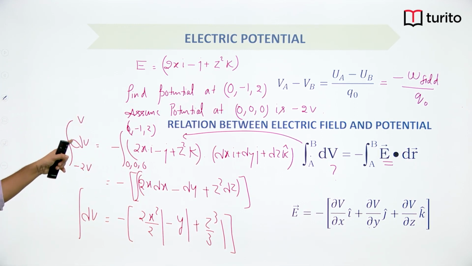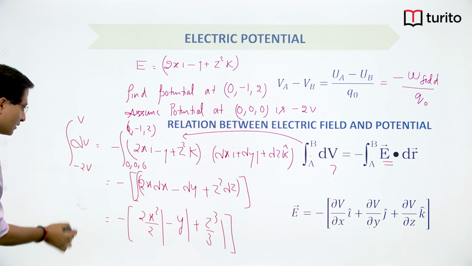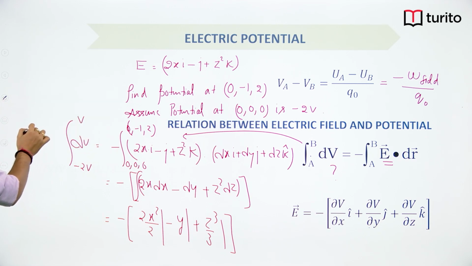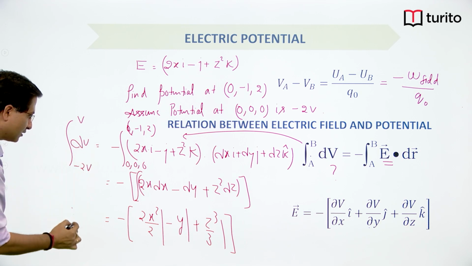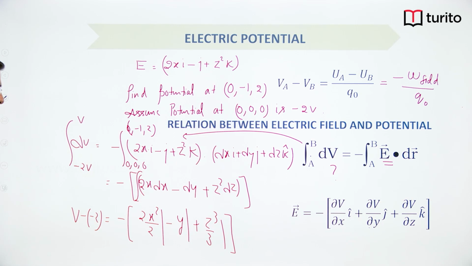Now, if I integrate dV, I will get V upper limit minus lower limit. As there is no space, I am just erasing this one and directly writing what we have got. So, after integration you will get V minus minus 2, this will make it plus.